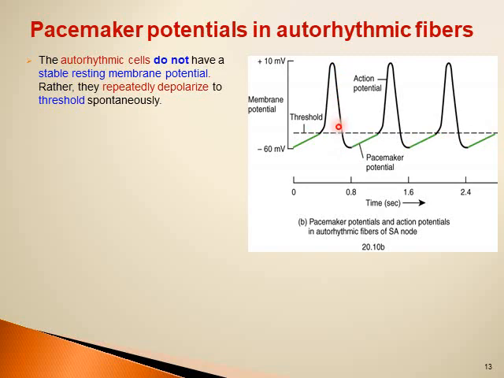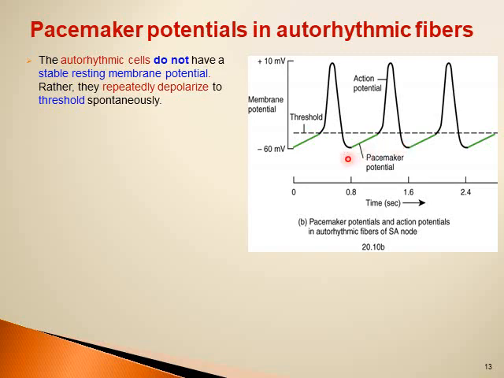If you remember from the structure function, action potential is a change in the membrane potential or membrane voltage. It has depolarization, repolarization, and after hyperpolarization. In the neuron and skeletal muscle fibers, after hyperpolarization, the cell membrane will return to the resting state and will remain flat and stable until the next stimulus.